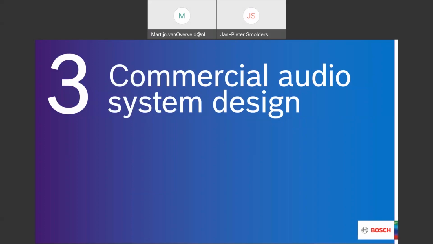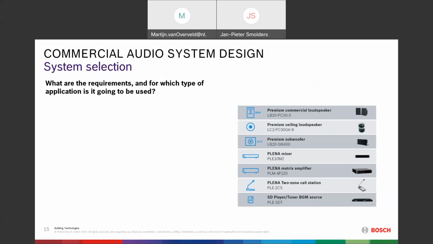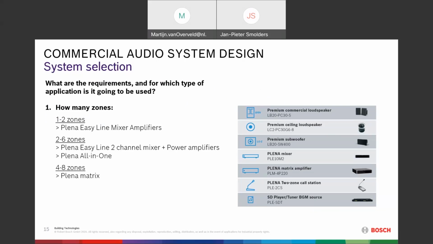Now the design. If we look at the design of a commercial audio system, what do we need? First of all, we need to know what the requirements are and for which type of application it's going to be used. So start with the first question: how many zones are required? If we have an application with 1 to 2 zones, then we can use a Planar Easy Line mixer amplifier, as we've seen.